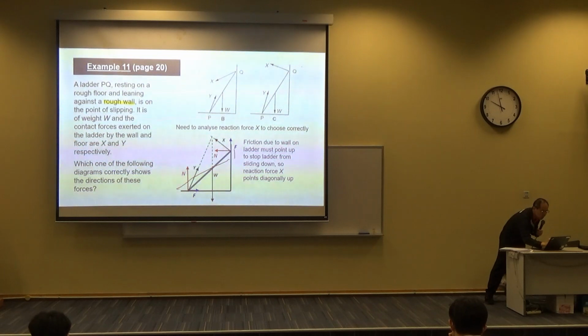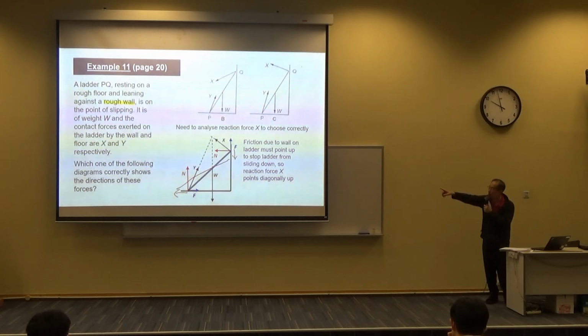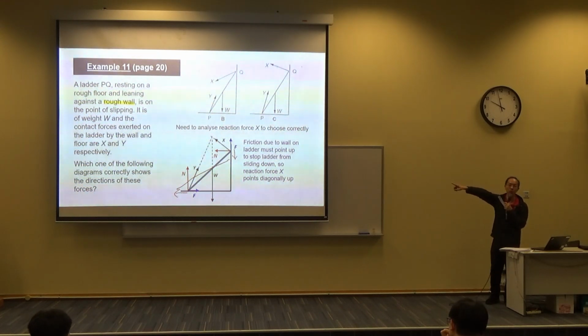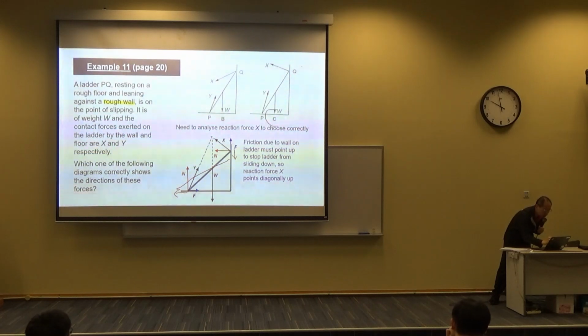So notice the ladder must come down and then move to the left. I want to stop this from sliding down. You realize the rough wall must provide an upward frictional force. So this friction force points up, therefore the reaction force, voila, points diagonally up, and therefore you realize C must be the correct answer.